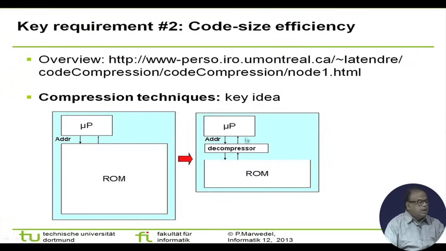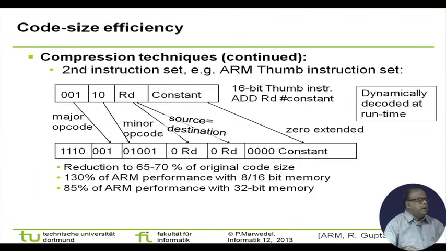But if the microprocessor does not allow such compressions, then once I fetch the compressed code, I have to decompress it and put it in the microprocessor itself. A very nice example of this is in the ARM instruction set, which I am repeatedly encouraging you to read, because it has a very nice feature, that is the thumb mode of operation.